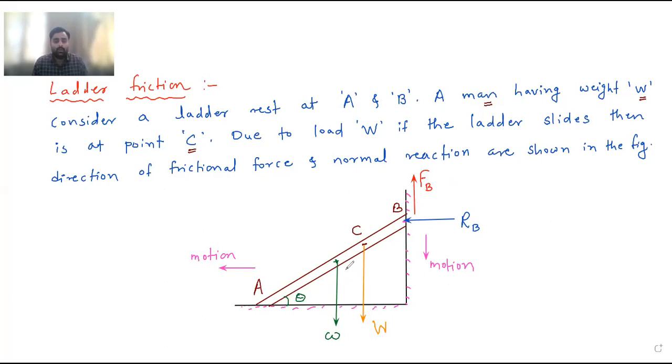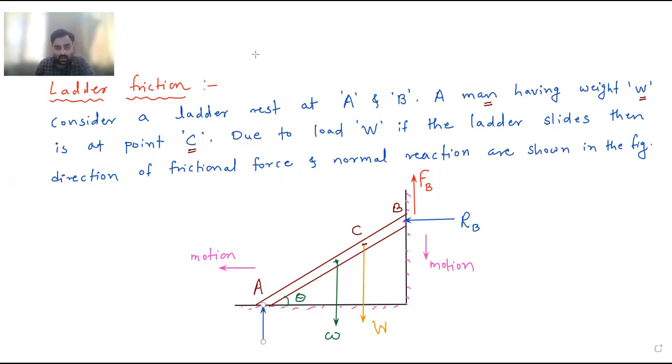Similarly, when you think about point A, first I will draw the normal reaction. Here your surface is horizontal. This is the floor, the horizontal floor. If the floor is a horizontal surface, then your reaction will be vertical.